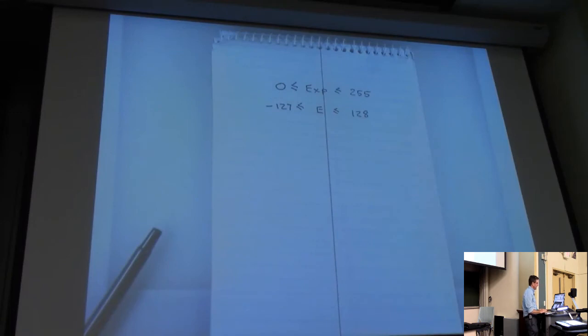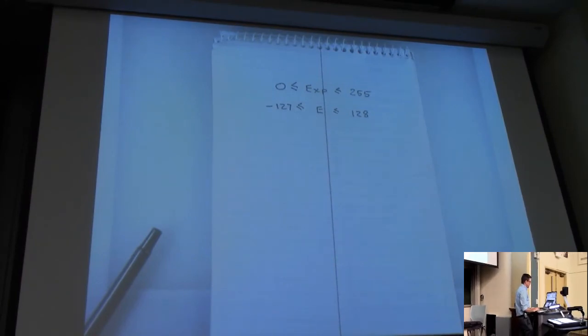Okay, addition. Suppose we're trying to add two floating point numbers. Conceptually, you think of those numbers as fractional binary numbers. You want to line up the binary points, then do the addition, and then normalize the significand so that it's between 1 and 2.